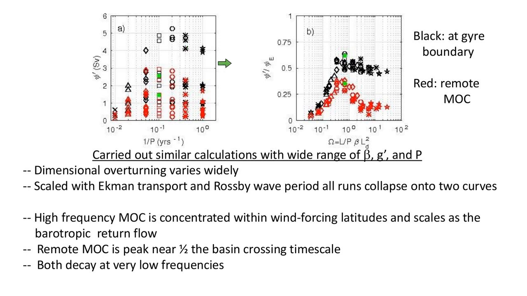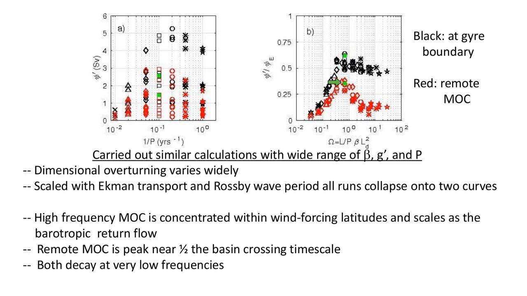If I scale these things, now I'm scaling the overturning by this Ekman transport variability, and I'm scaling the frequency by this basin crossing time scale, all these symbols pretty much collapse onto these 2 curves, which look a lot like the figure I just showed you. At the gyre boundary, it's about half. That's the barotropic response. It goes up a little bit around the basin crossing time scale, and then it decays to 0.